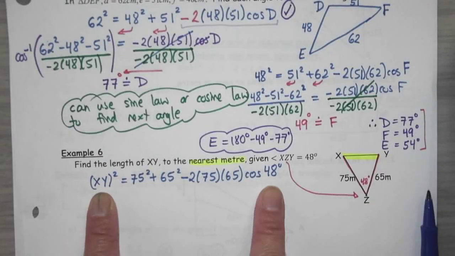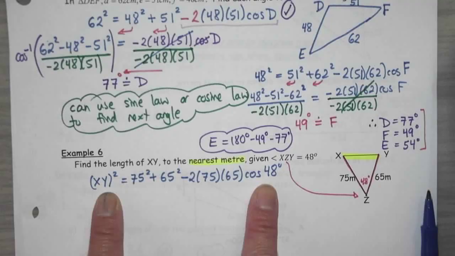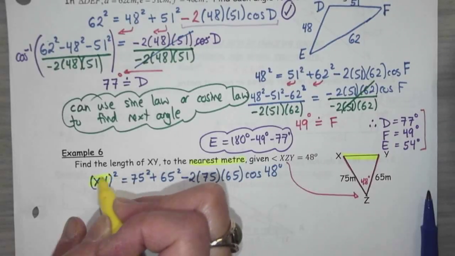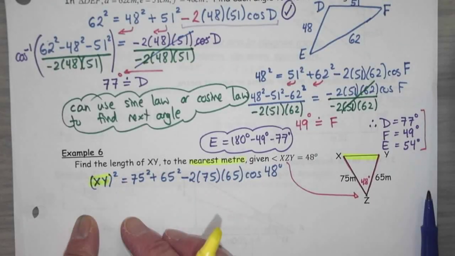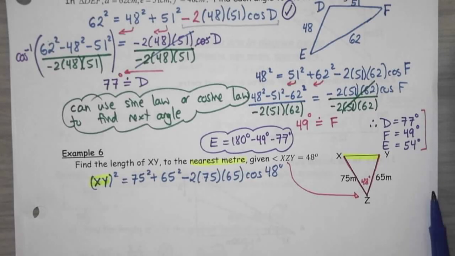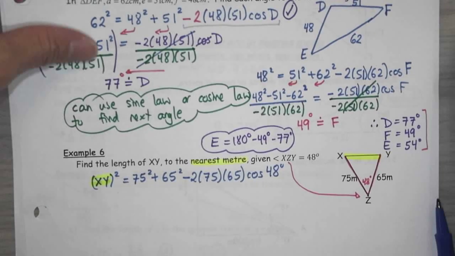So see, those are the matching sets, the 48 to the xy. Okay. So this one, the variable is on this side. You don't have to bring anything over. Just calculate this whole side in one go and press square root all in one go. I don't want you copying it down. Again, I know some grade 10 teachers teach it differently. I want it to be accurate because the more you round, the more it'll be wrong.